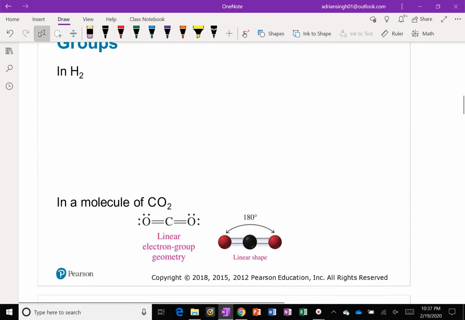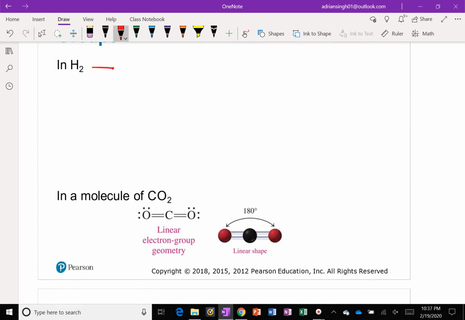We'll start off first of all with H2, the simplest molecule possible. We saw that both H's were connected by a bond, right? So in this case, there is no central atom. There are just two atoms that are connected.